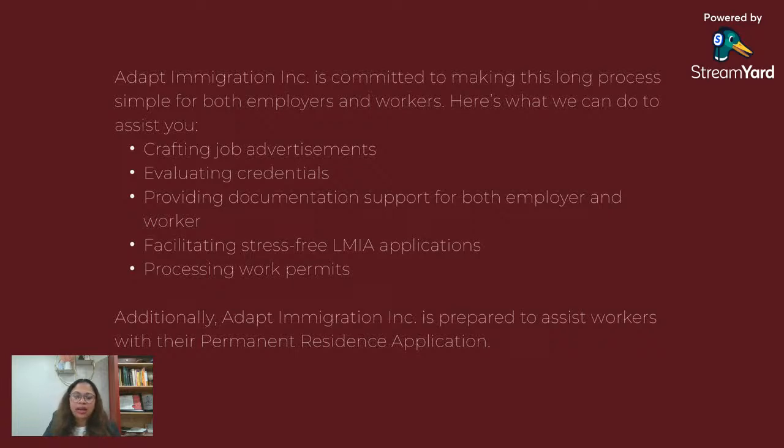This is quite extensive and a little bit complex in terms of how to show or meet these requirements, and we will help you go through that. We facilitate a stress-free LMIA application, because we make sure that we are one step ahead in the whole process. We also help workers, when they finish the work permit, to transition into the permanent resident application as well.